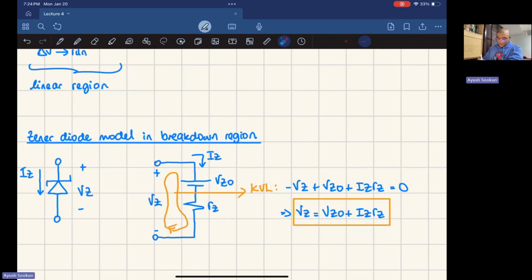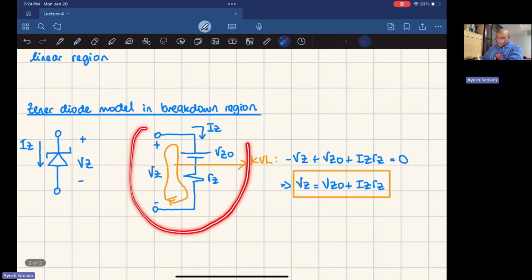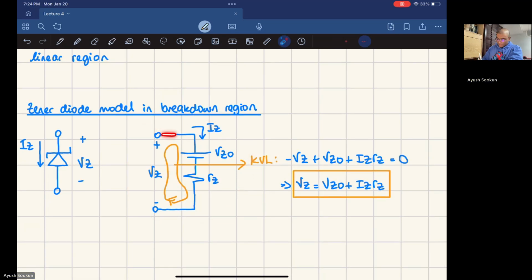Okay. So the Zener diode model in the breakdown region. As I've said, this is a Zener diode. We have a voltage across it, VZ, and an IZ, current flowing through it. These values are going to be positive values. On the graph, they represent negative values. So our model for that circuit would basically be a voltage source, VZO, just like the diode we saw in lecture 1.